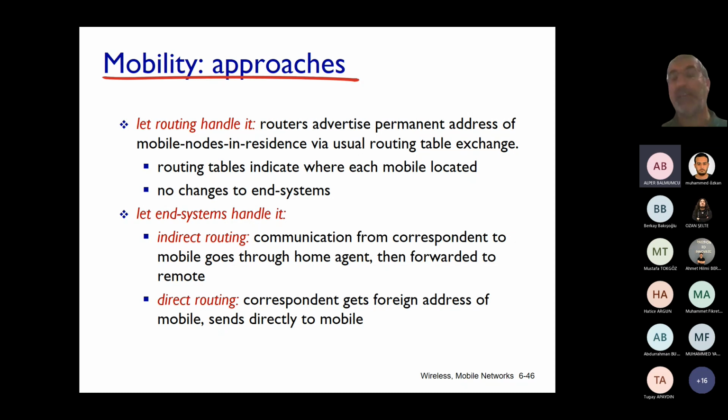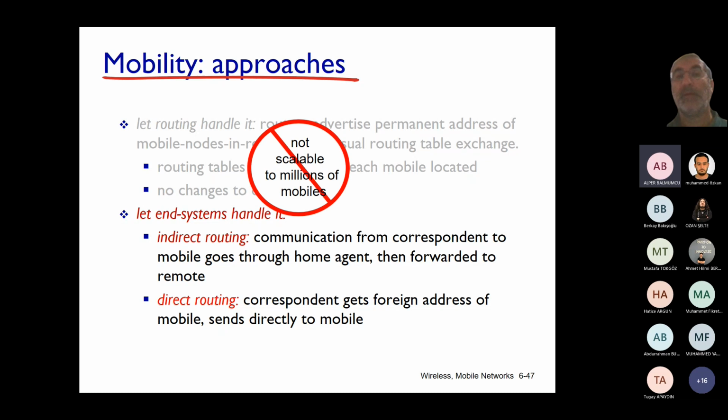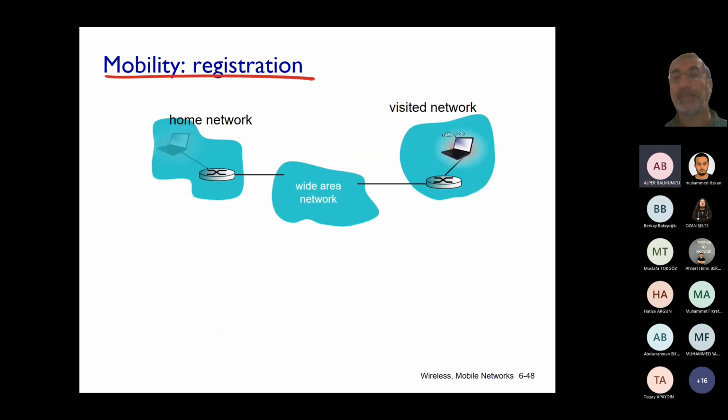In direct routing, the correspondent gets the foreign address of the mobile, and then sends directly to the mobile device. This is called direct routing. Each of these methods has some pros and cons that we're going to see.